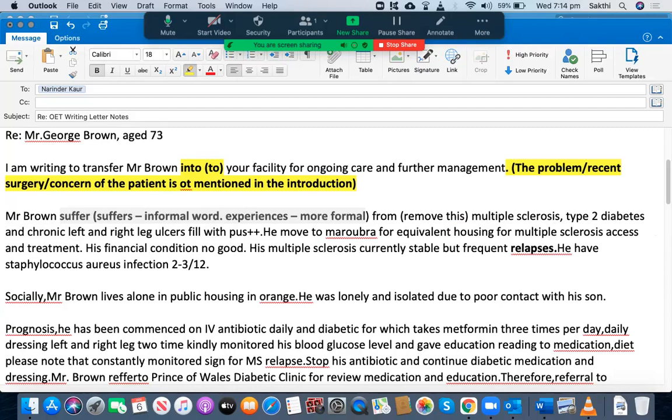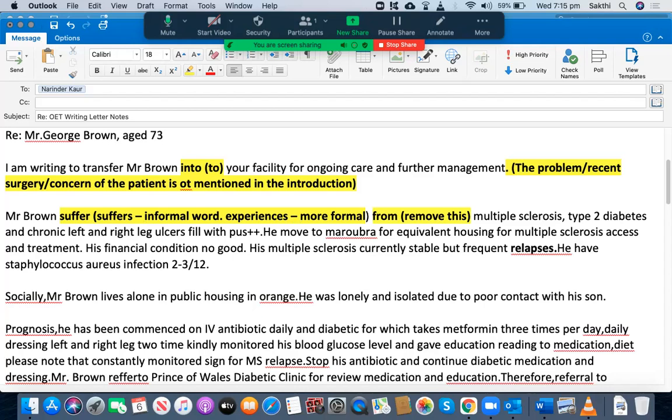Remember that. Okay, so for the third party singular nouns, you must use verb plus s only. You can't use the bare verb. That is wrong. For example, if you say Mr. Brown suffer from something, Mr. Brown go to somewhere, Mr. Brown receive something. Okay, these things are incorrect. You have to say Mr. Brown receives, Mr. Brown suffers from, Mr. Brown experiences, and things like that. Okay, that's the correct way.